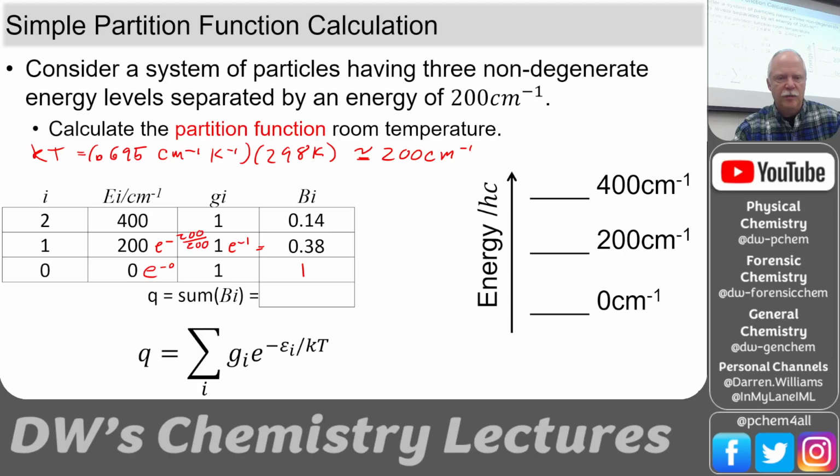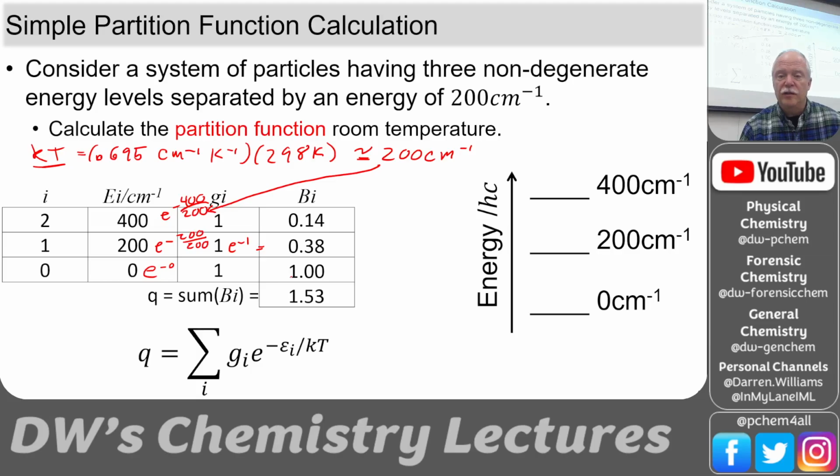And this top one is going to be e to the minus 2, because it's e to the minus 400 over 200, the 200 being the room temperature piece. So everybody see how I kind of made it easy for you guys. Here in the denominator of the exponent, you have kT, and in this case kT is roughly 200 wave numbers. So that's what we have for our Boltzmann factors. Add those up, you get 1.53.